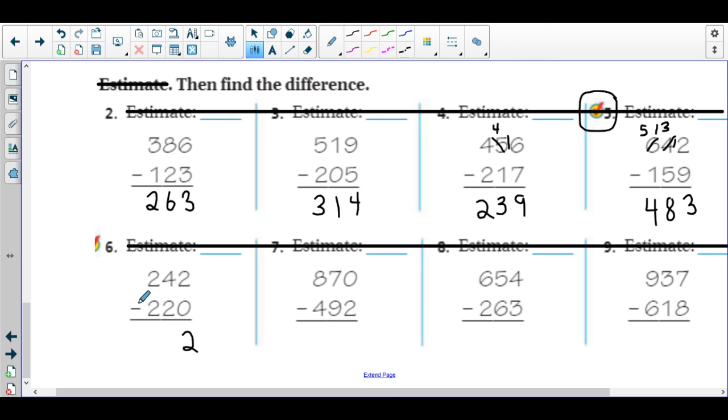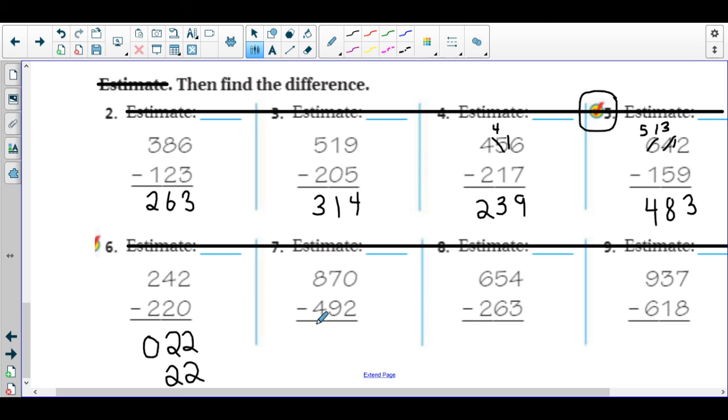And 4 minus 2 is 2. And then 2 minus 2 is 0. Now some of us might need to put that placeholder there, a 022, just so that you know you've completed it. But if you want to just have the answer as 22, that would be fine.